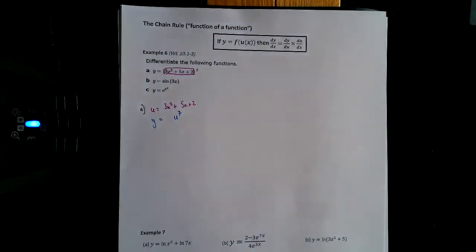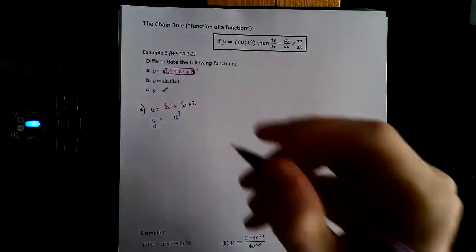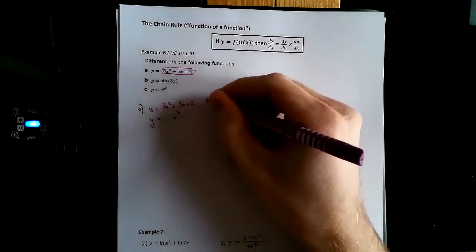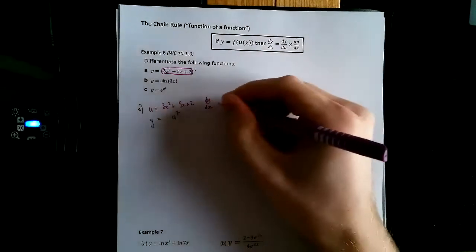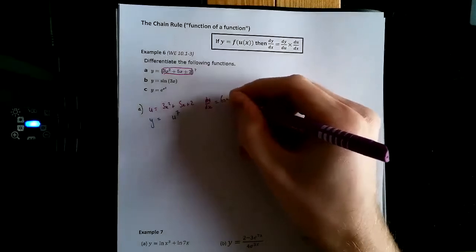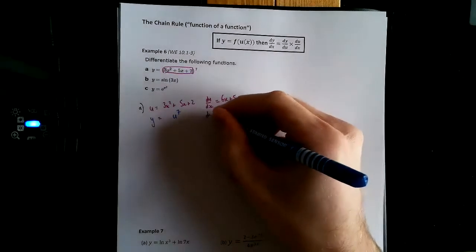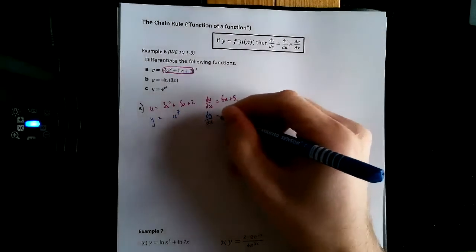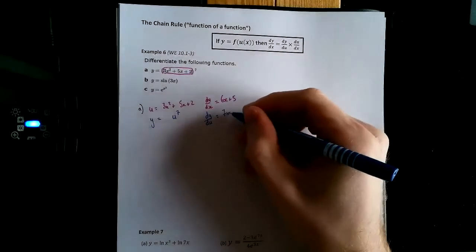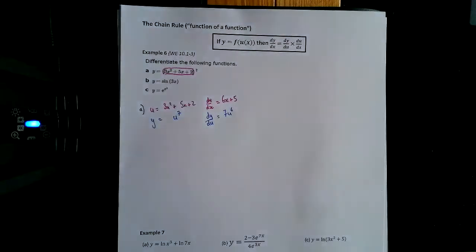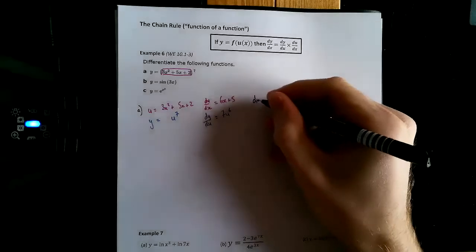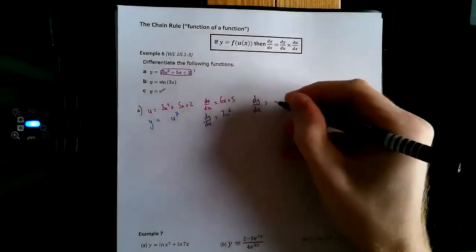So the chain rule says what I can now do is differentiate both of them. If I differentiate u by x, I get 6x plus 5. And if I differentiate y by u, I get 7u^6. And then the chain rule says to get dy by dx, I multiply them together.